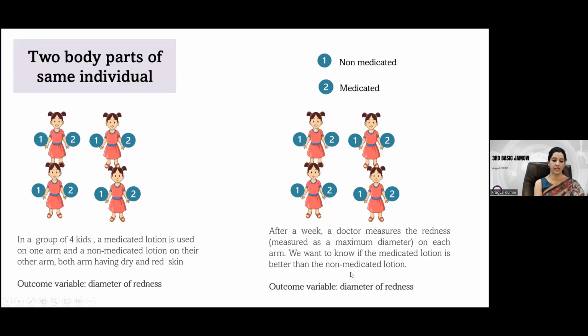In this case also, 1 is a non-medicated lotion and 2 is a medicated lotion. If you have taken 4 kids and I have applied medication 1 over the right arm and medication 2 over the left arm, and in both arms there is dry skin and red skin, then you compare the outcome, that is the diameter of the redness.